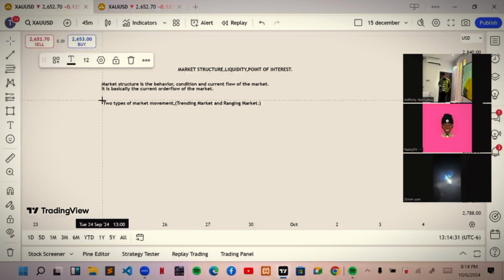So market structure is the behavior, the condition, and the current flow of the market. It's basically the current order flow of the market. The trending market has two types, which are the uptrend and then the downtrend.